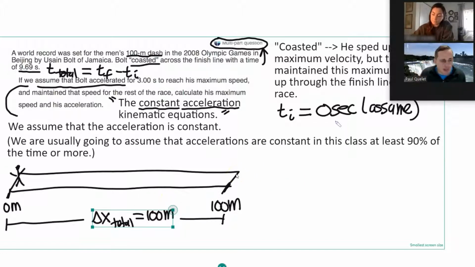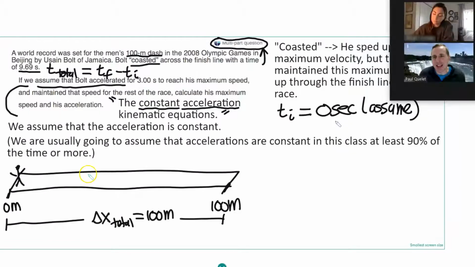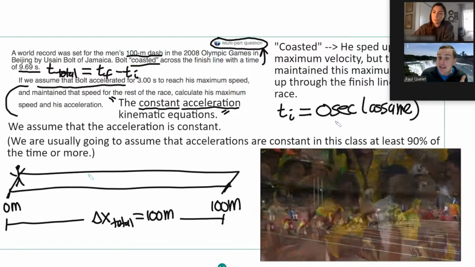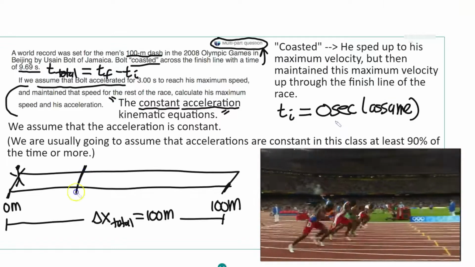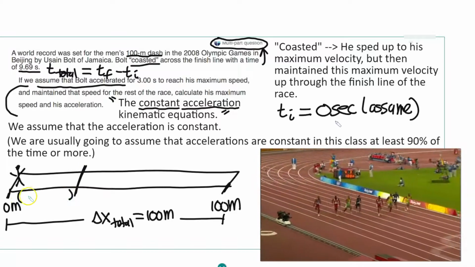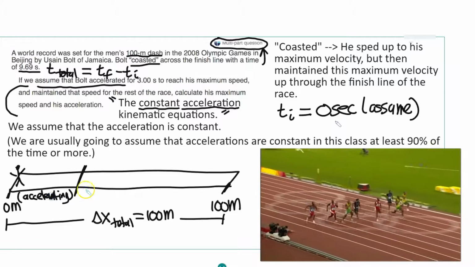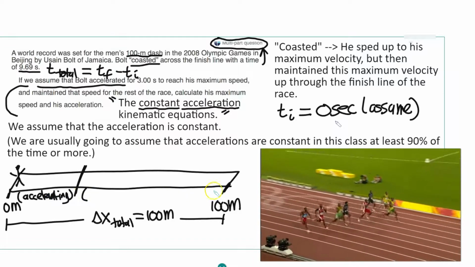The reason I mention that, though, is because I want to ask you, how many time periods are we going to sort of split this motion into? 2. Yes, good. So up to here, what is Usain doing during this time period? Accelerating. Yes, good. He's accelerating here. Now during this time period, he's doing what?